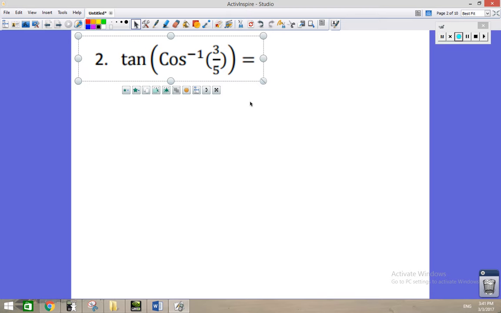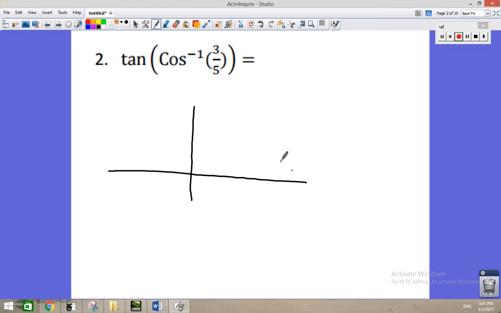The inverse cosine, think quadrants 1 and 2. Since it's positive, it's over here in quadrant 1. This information allows me to fill out 2 of the 3 sides. 3/5 cosine is the adjacent, let 5 be the hypotenuse, and then of course this is a 3, 4, 5 triangle.